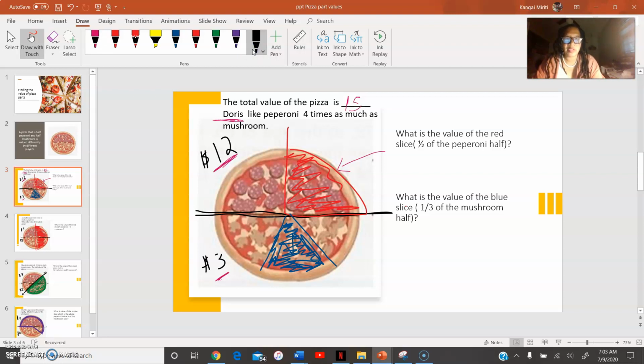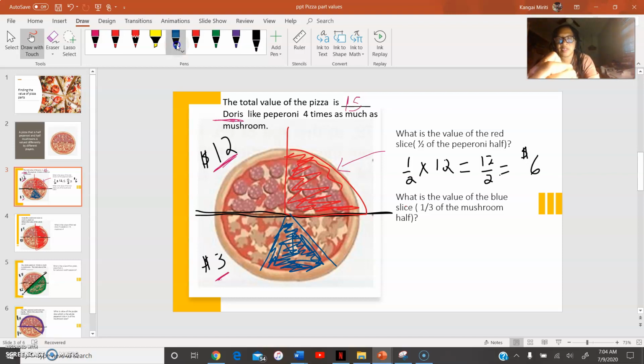Well, we know that the whole pepperoni half is $12, but this red piece is only 1/2 of that $12, and 1/2 of 12 can be found by doing 1/2 times 12. If you put that in your calculator, or do it by hand, or in your head, that comes out to be $6. I bet you figured that out already. All right, so that's how much Doris values just that little red piece.